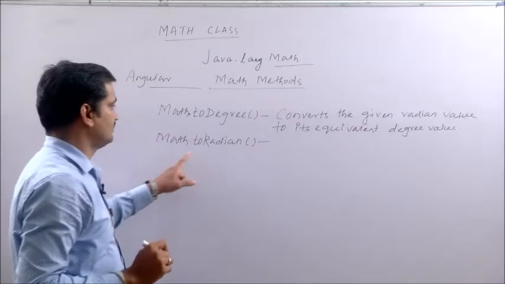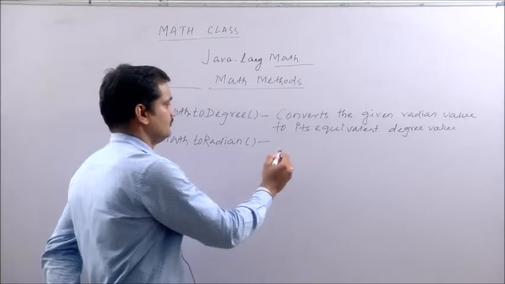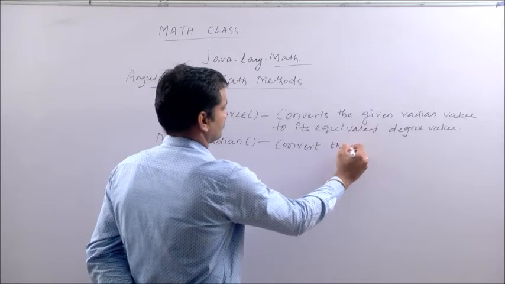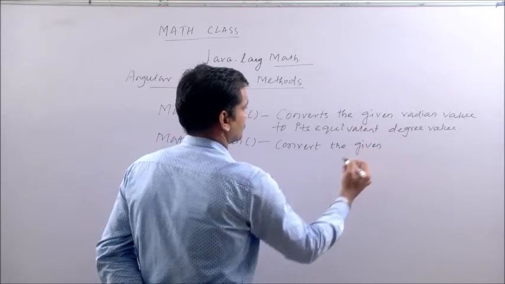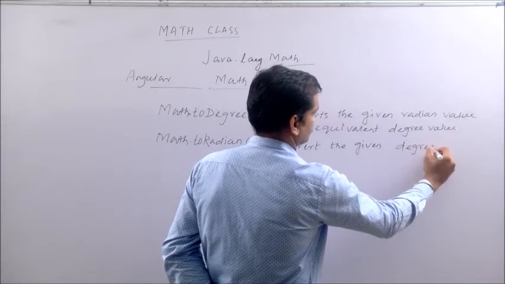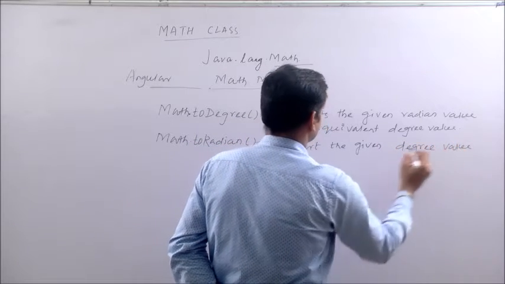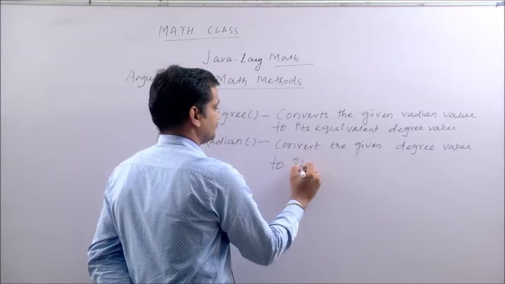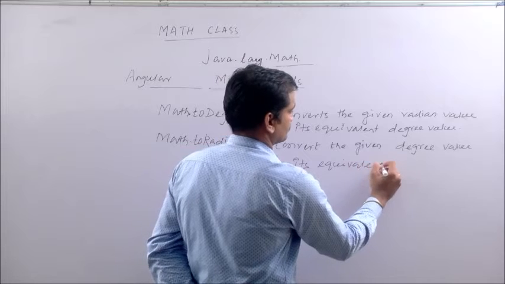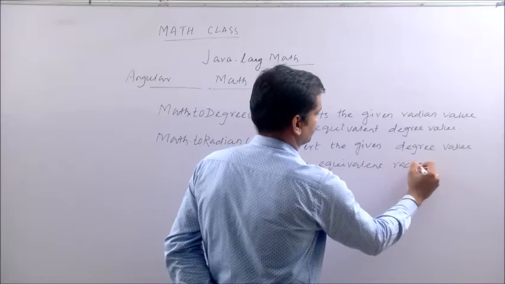Similarly, toRadians is a method that is used to convert the given degree value to its equivalent radian value.